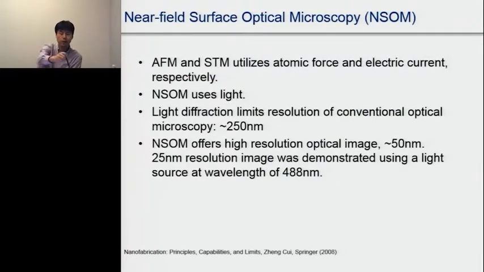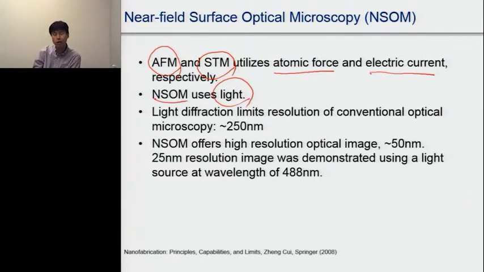So unlike AFM or STM, which use atomic force or electrical current, NSOM uses light. When we use just an optical microscope, its resolution is around 250 nanometers, because the light applied for optical microscopy has a diffraction limit.